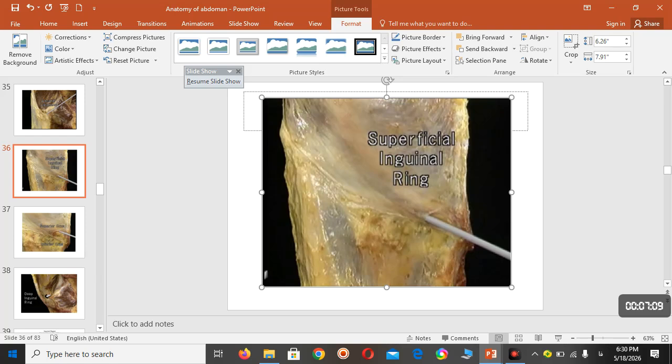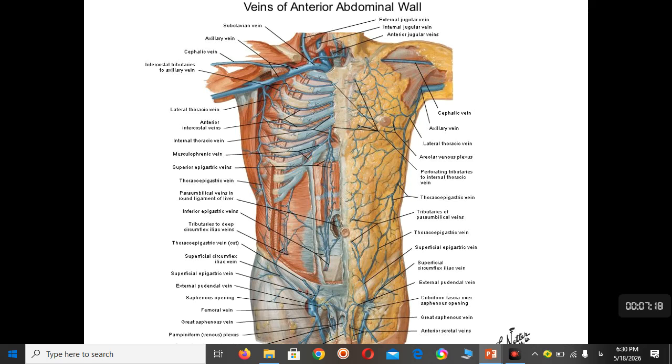Here is the inguinal ligament. I told you here is the anterior wall of the abdomen. Here is the inguinal ligament. I told you the gonads in the fetus are in the lumbar region. In the life of the fetus, the gonads descend inferiorly. The gonads pass between the anterior abdominal walls.